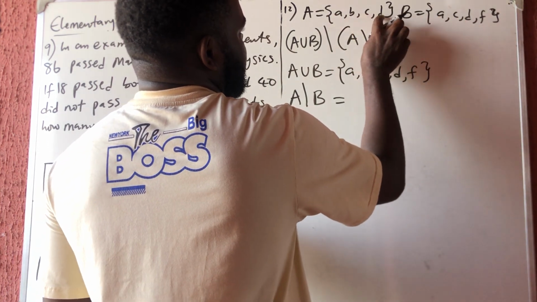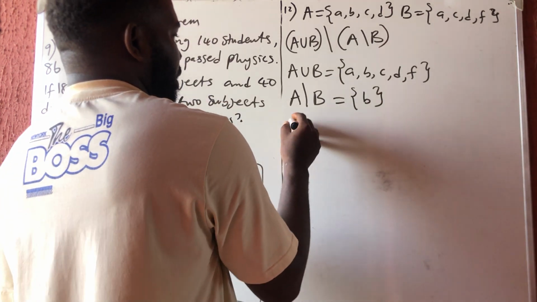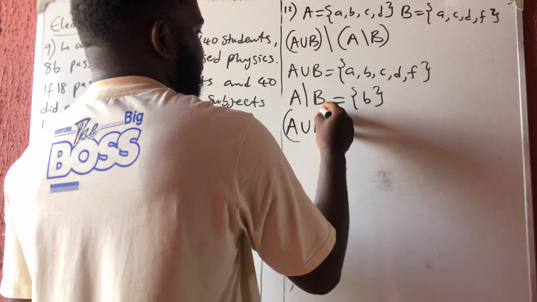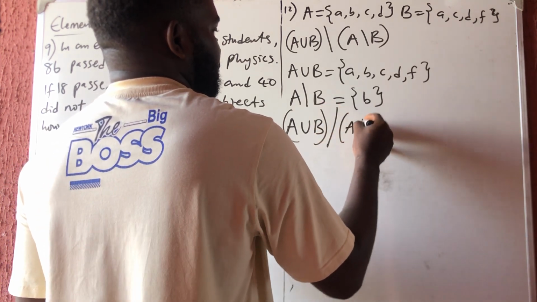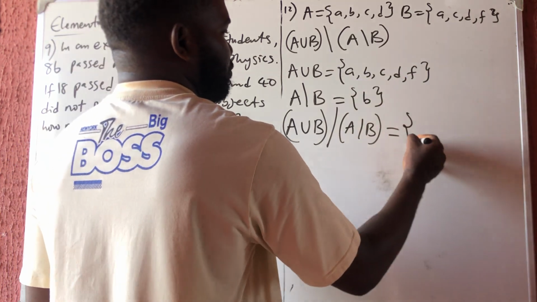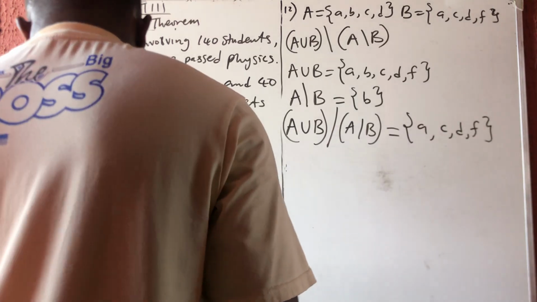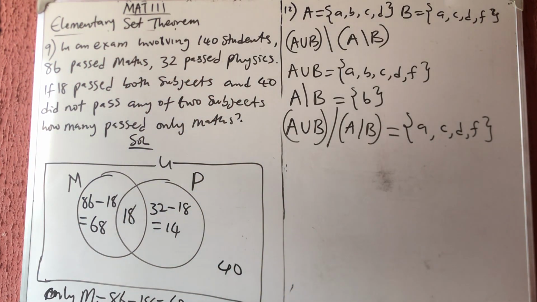If I remove A, C, D here, only B is remaining. So now A union B slash A slash B is now what? Remove this B from here. So I'm left with A, C, D, and F. You see, it's very, very simple.